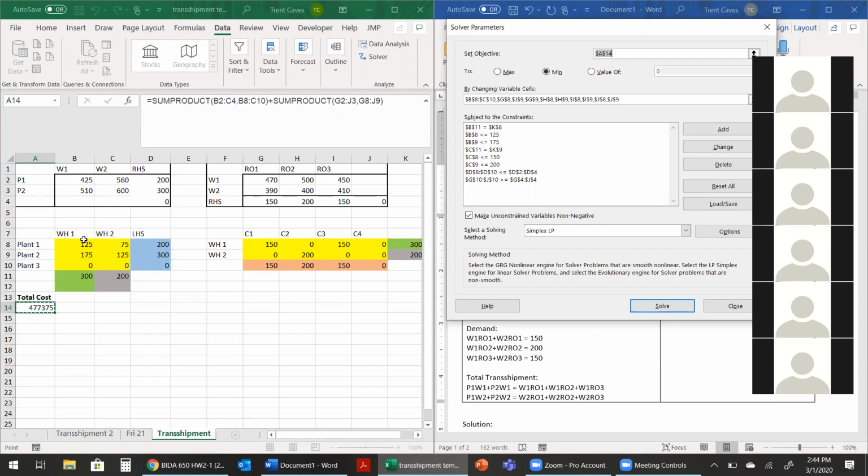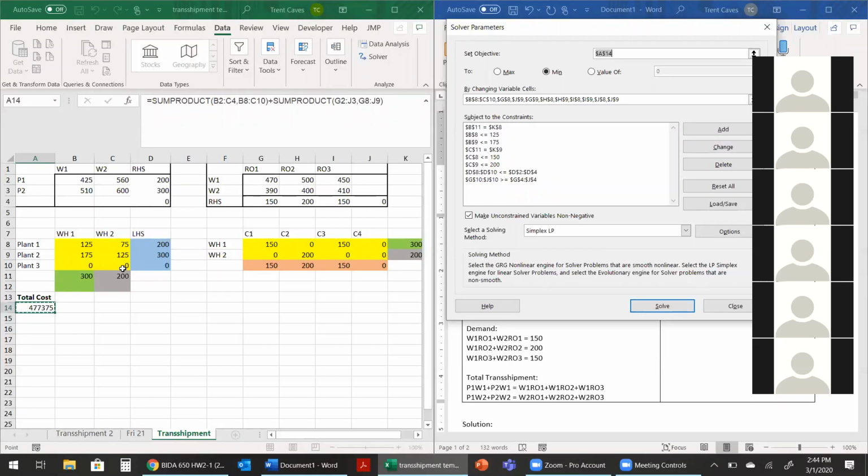So B8 is the units shipped from plant 1 to warehouse 1. Do you see where that corresponds on our Excel? Yes. And C10, even though we're not using those, that's plant 3 to warehouse 2.